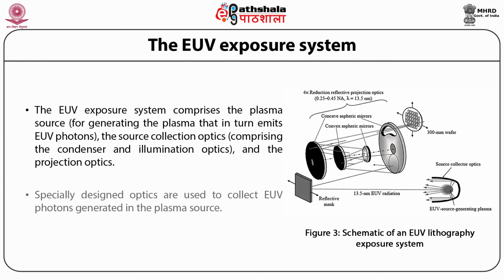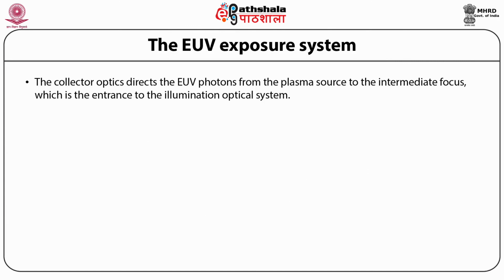Now here, the EUV photons generated in the plasma source are collected by using specially designed optics. The collector optics directs the EUV photons from the plasma source to the intermediate focus, which is the entrance to the illumination optical system. So it is conventional to use the power level measured at the intermediate focus to specify the source power.